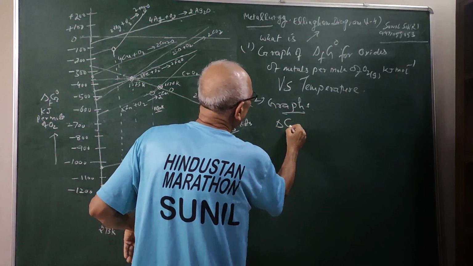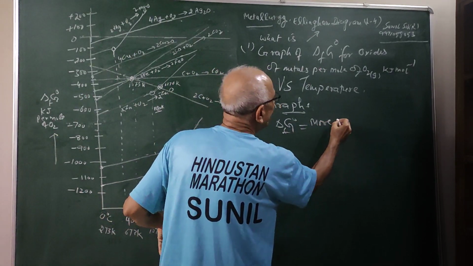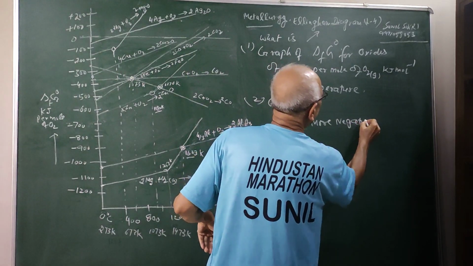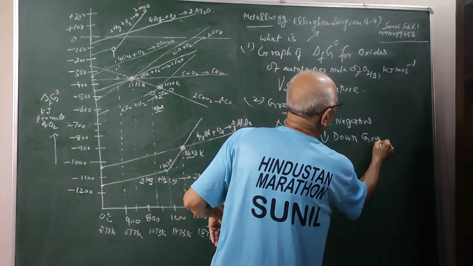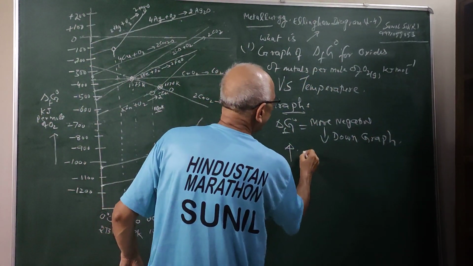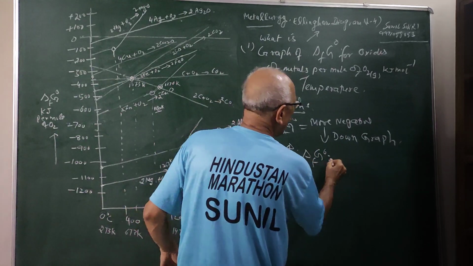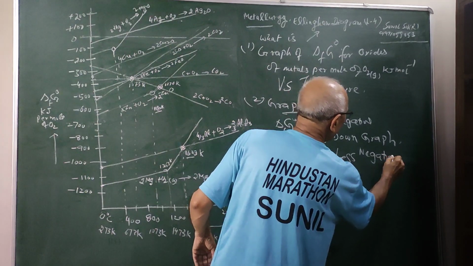As you go down in the graph, students, the delta G0 of formation values are becoming more negative. And as you are going up, the delta G0 of formation values are becoming less negative. Very important point, because we will tell you why.